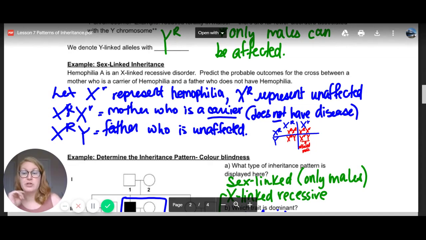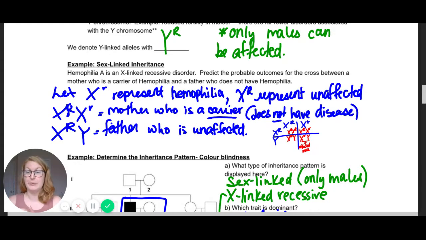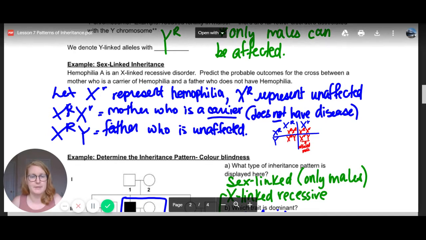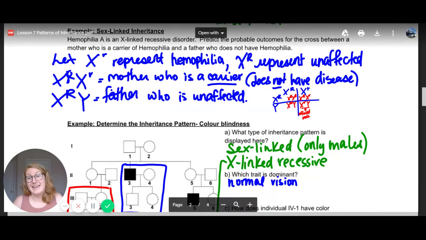It is important we show the Y because when we're actually going through the Punnett square examples, or if we're drawing a pedigree for this, we do want to see if it's a male or a female that gets affected by the disorder. So what I've done down on the side here is take these two parents and cross them together, because what we're looking for is the probable outcomes.